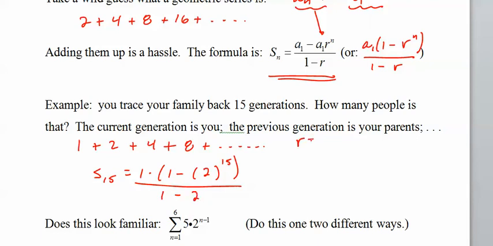Didn't say it, but obviously the R value is 2. 2 parents, 4 grandparents, 8 great-grandparents, and so on and so on. This is a little tricky, so I've got my calculator handy. And I get there's 32,767. A lot of people just for you.